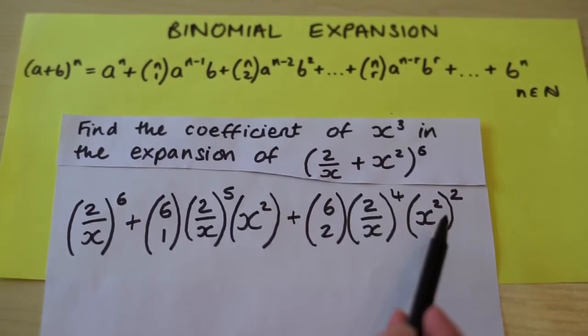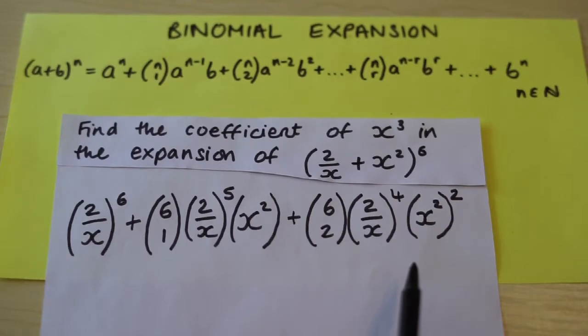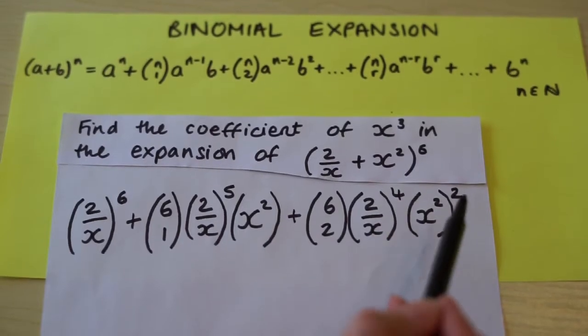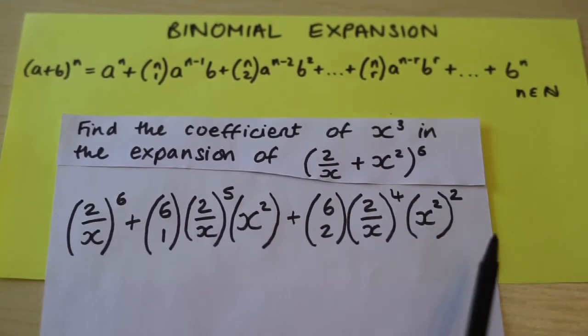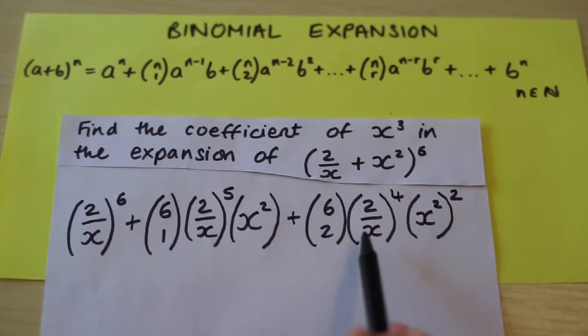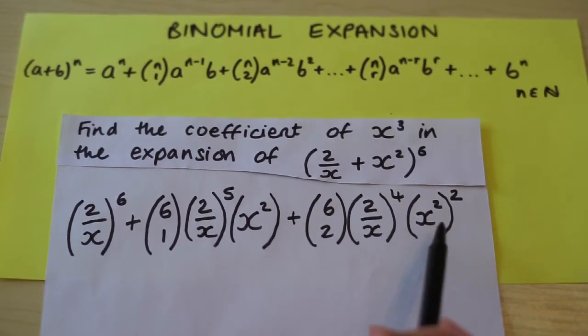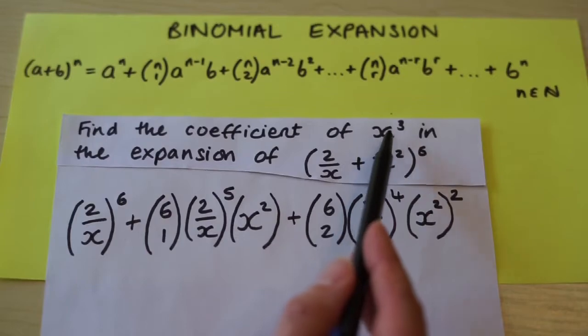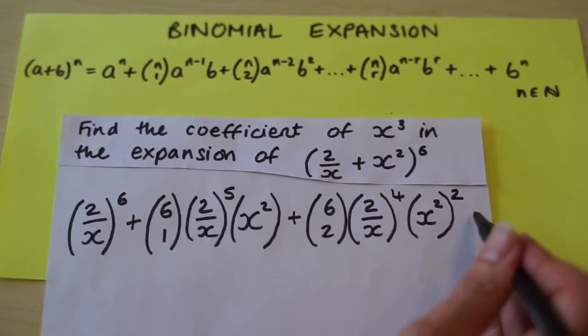Let's have a quick scan at what's happening to the x's in this term. We've got this denominator being raised to the power of 4, and we've got x squared to the power 2, so that's going to be x to the 4. That's going to cancel out, so overall we're going to have no x's in that term, so not the x cubed that we're aiming for.